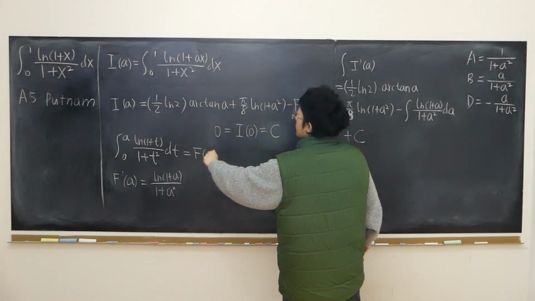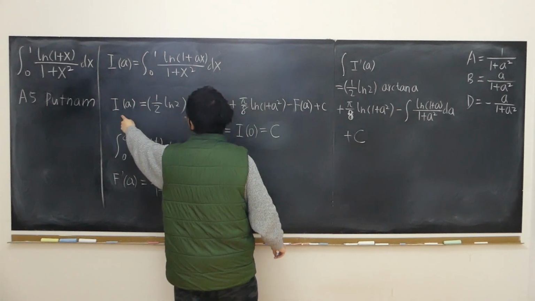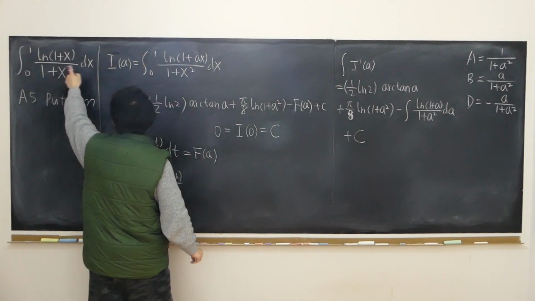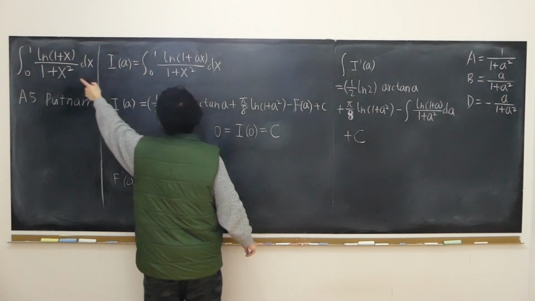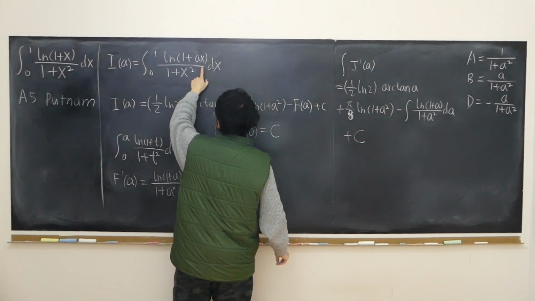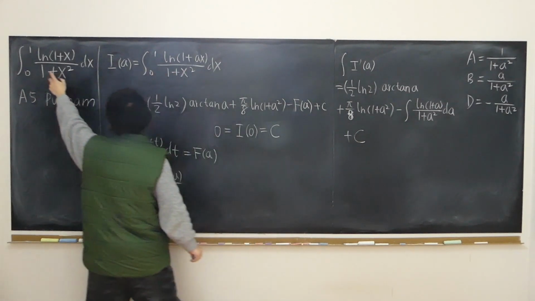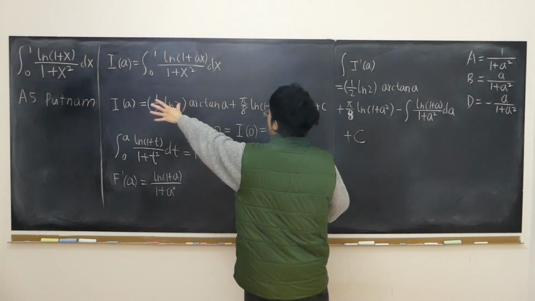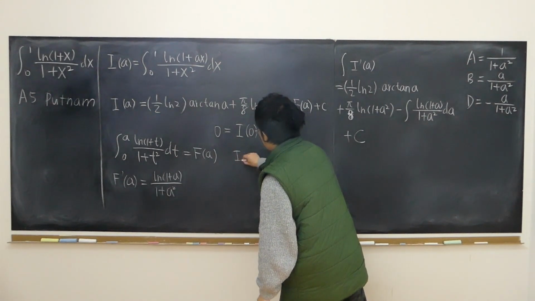So let's find out I of 1. Remember, a becomes 1. If a becomes 1, then we have the original integral, right? So we just need to find out I of 1.